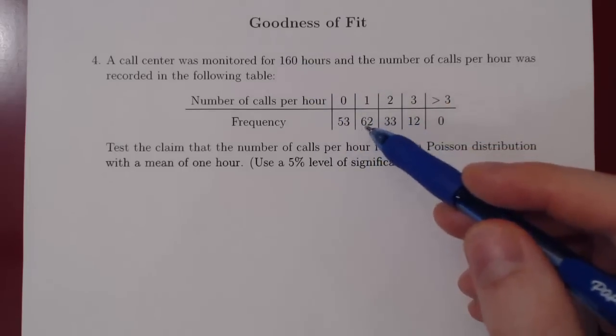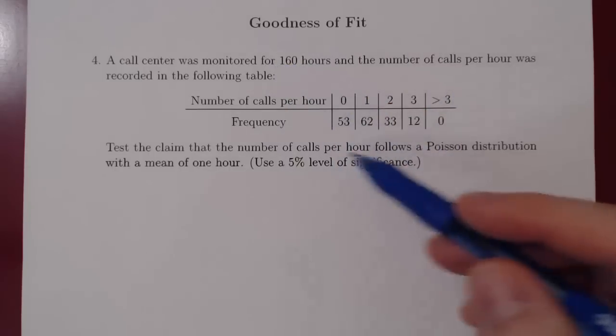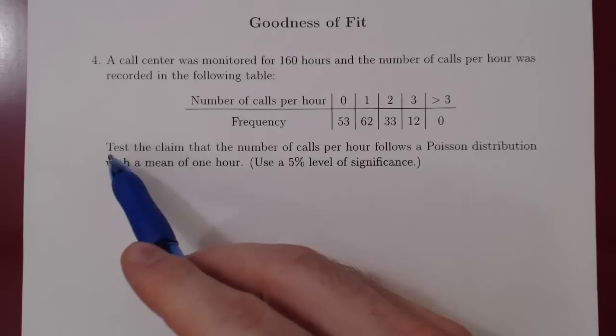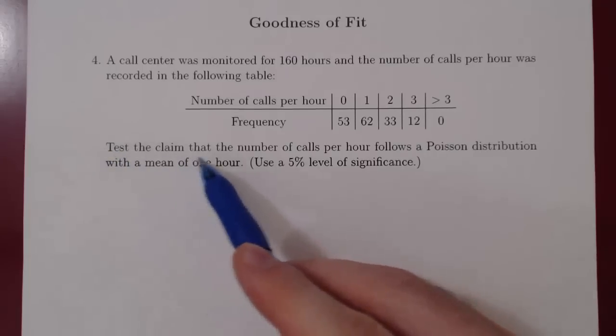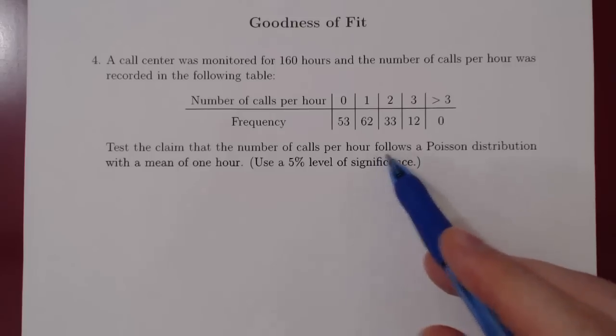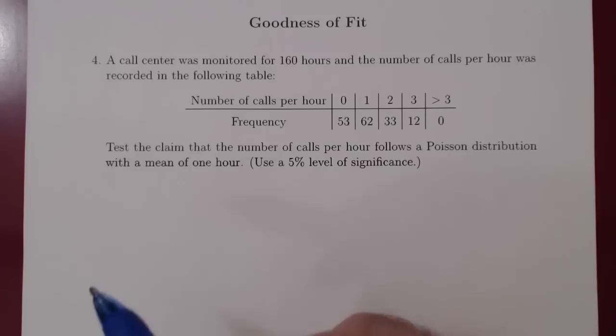Over the bin 1, it would be 62 out of 160, and so forth. And then you may look and say, this looks like a Poisson distribution. And so you say, well, okay, how do I test this claim? We'll see how, and this is the problem. We want to test the claim that the number of calls per hour, a random variable, follows a Poisson distribution with a mean of 1 call per hour.